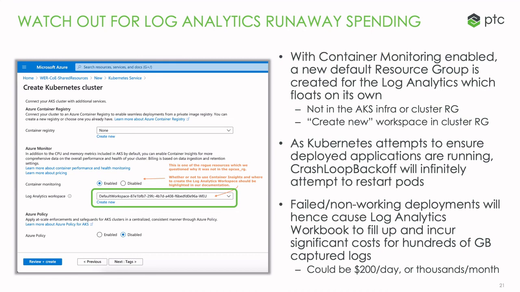You're going to get your logs filling up, and we saw a couple of situations where a failed deployment that was left because it wasn't working ran up a bill of over $500 in a couple of days just in logs. So be aware of that.